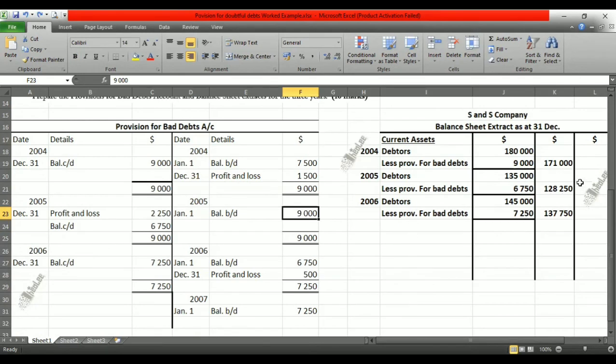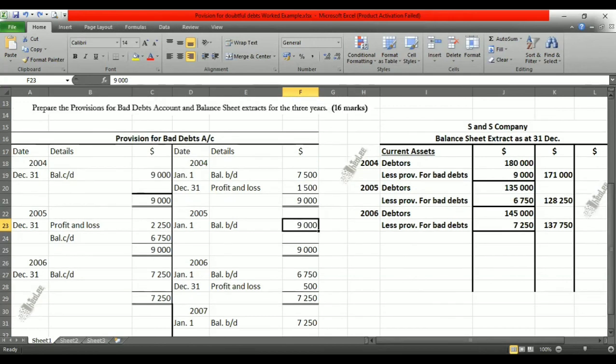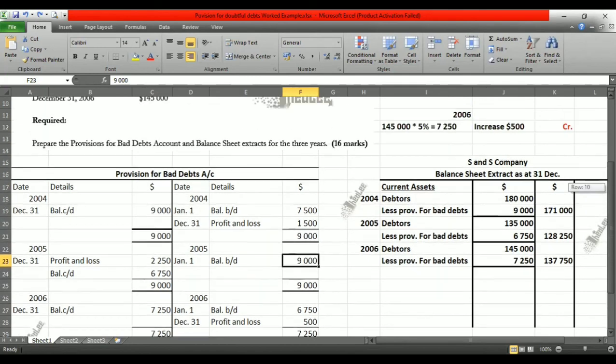Now for your balance sheet, remember, it's the balances. So what we're working with are the balances. You pick up your debtors balance. Why? Because provision for bad debts relates to your debtors. Without any debtors and without you wondering if you're going to be able to collect everything, you wouldn't have made a provision for bad debts. So you indicate the heading, the category for the debtors, which is current assets.